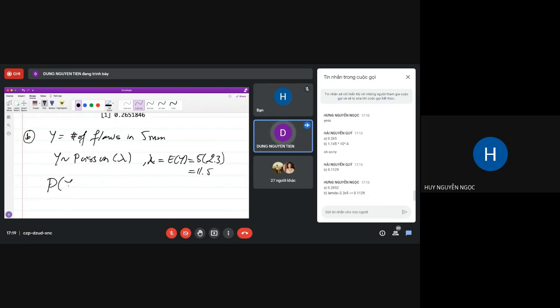Then the probability that Y equals 10 must be exponential minus 11.5, and then 11.5 to the 10 over 10 factorial. Okay? Is that all clear, everybody? Is that okay? Good.